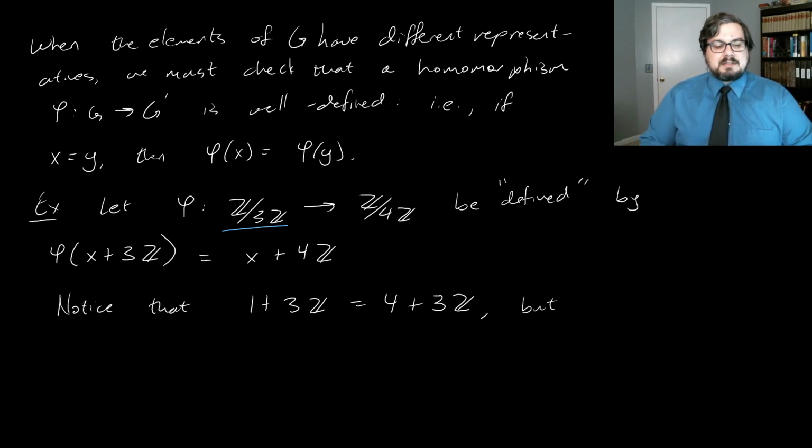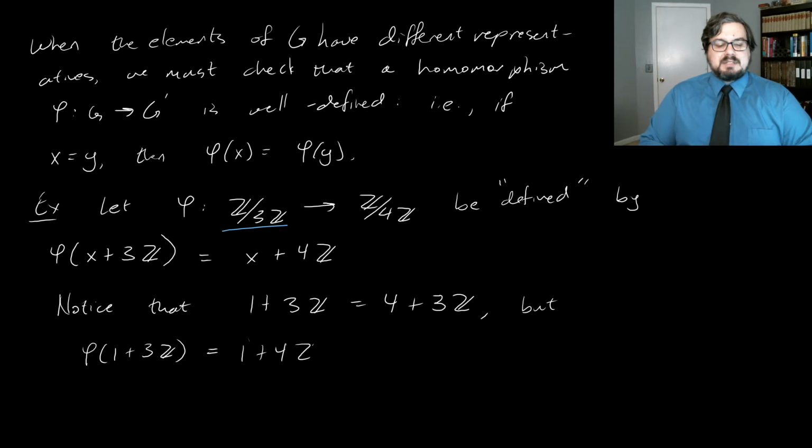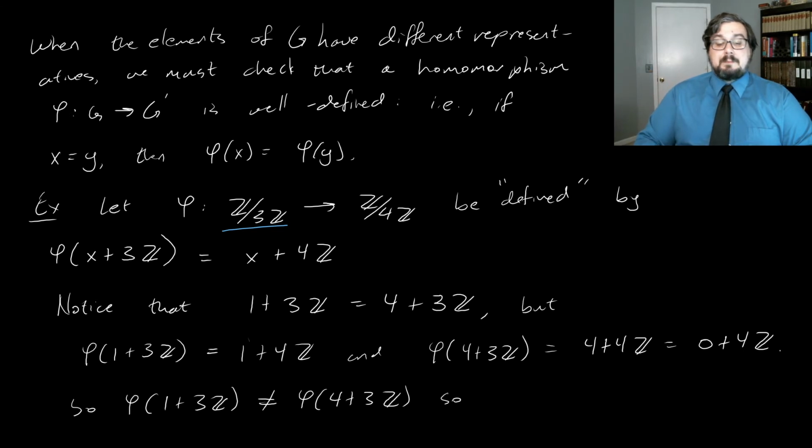But we have that phi of 1 plus 3Z, by the definition, is 1 plus 4Z, and phi of 4 plus 3Z is equal to 4 plus 4Z, which is 0 plus 4Z. In particular, this means that phi of 1 plus 3Z is not equal to phi of 4 plus 3Z, but the two elements that we're starting with are equal to one another. So that means that phi is not well defined.